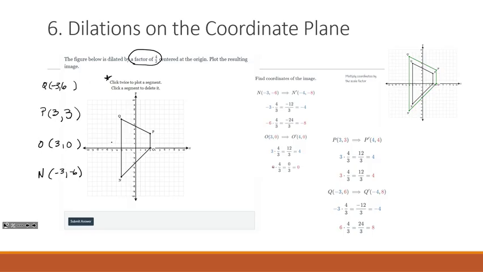All right, now that's what the originals are. Now, we need a scale factor of 4/3, which means you're going to multiply the x value by 4/3, and you're going to multiply the y value by 4/3. So Q prime, P prime, O prime, N prime, because we're going to create new coordinates.